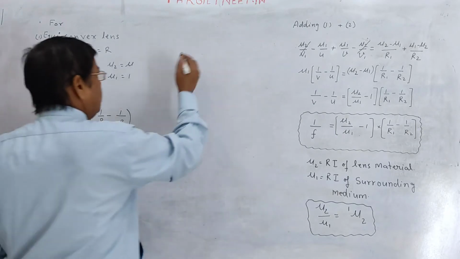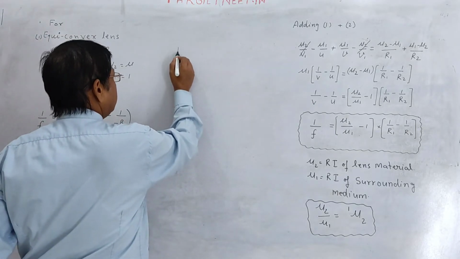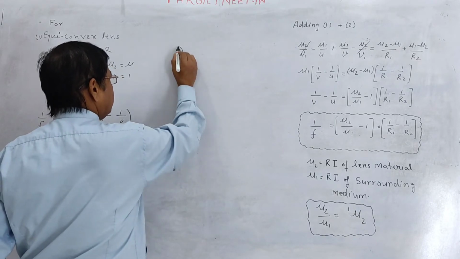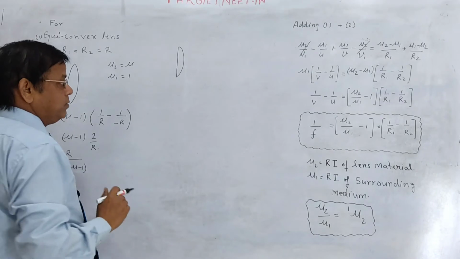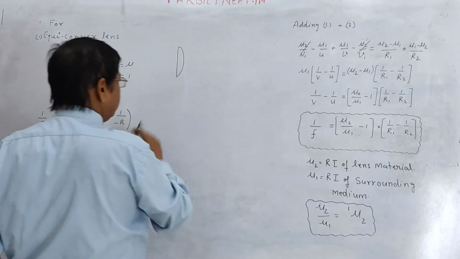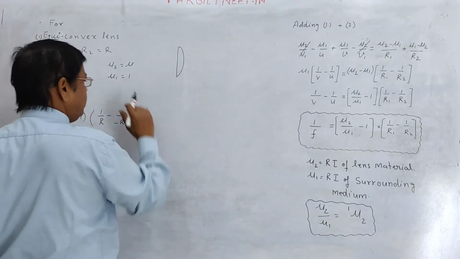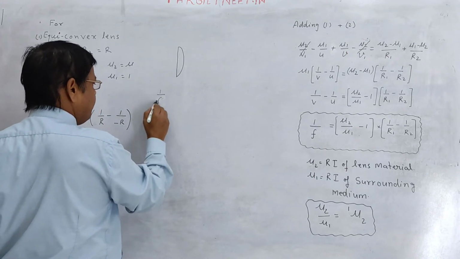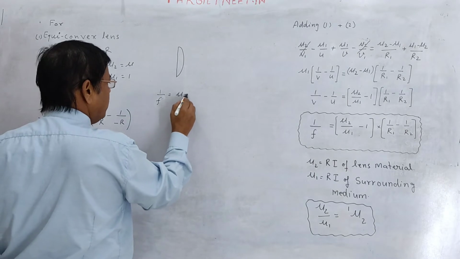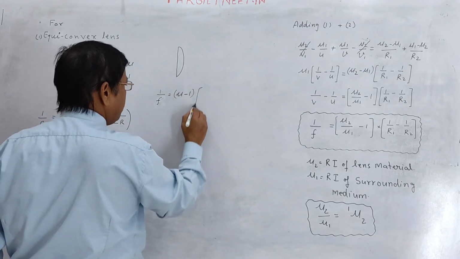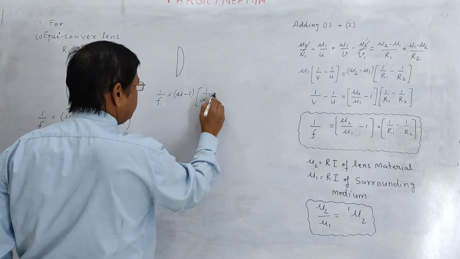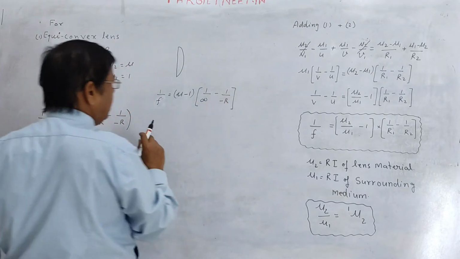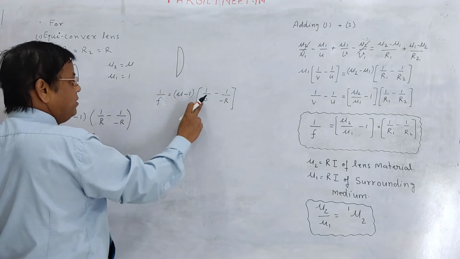Now what about a plano-convex lens? Suppose this is a plano-convex lens, whether it is a converging lens or a diverging lens. So let us find the focal length of this lens first. So 1 upon F is equal to (mu minus 1) times (1 upon infinity minus 1 upon minus R), because R2 is negative and R1 is infinity.